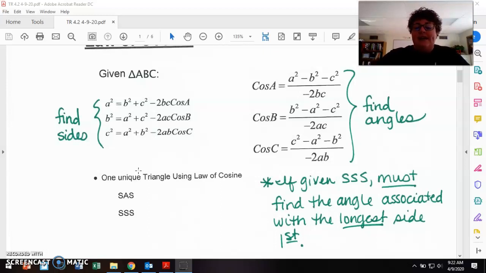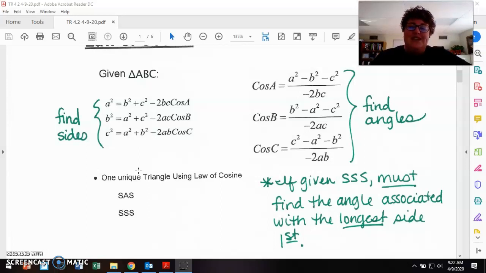Now, here's the key, and make sure to look at the note. If you're given side, side, side, and this is very important, you must find the angle associated with the longest side first. Because remember, the longest side corresponds to the largest angle.